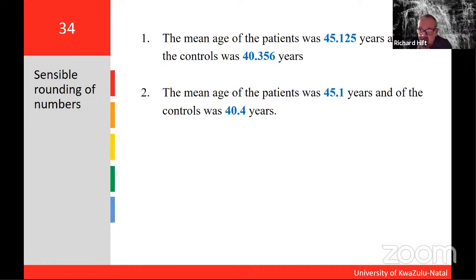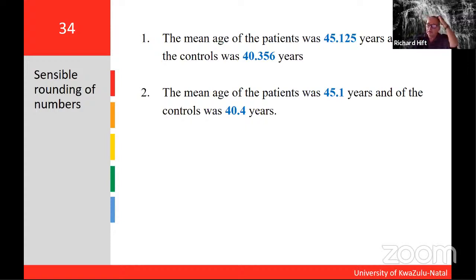You didn't do that. You asked them to say whether they were 44 or 45 or 46. They weren't asked for their age to 3 decimal places. So it's actually scientifically wrong to put all those decimal places there, because the actual data on which that's based was not that accurately obtained.